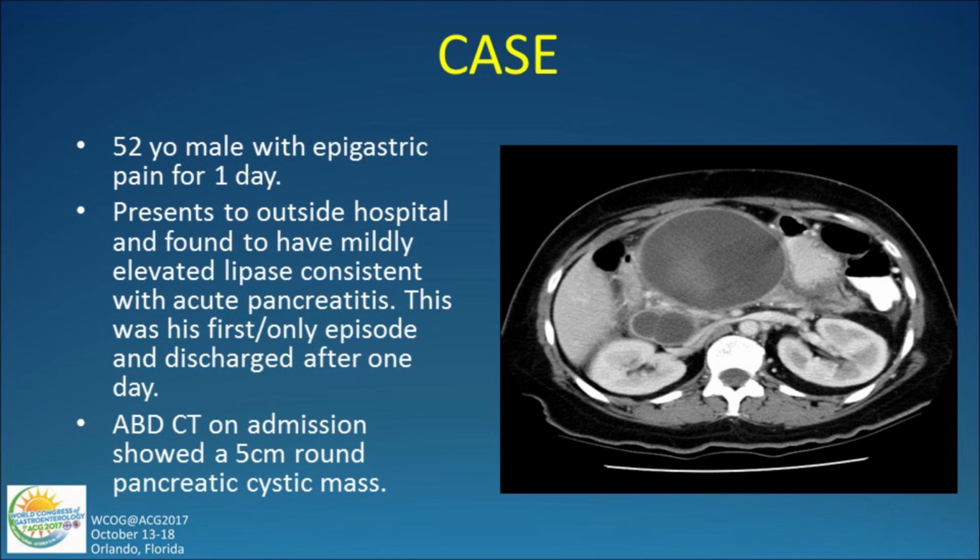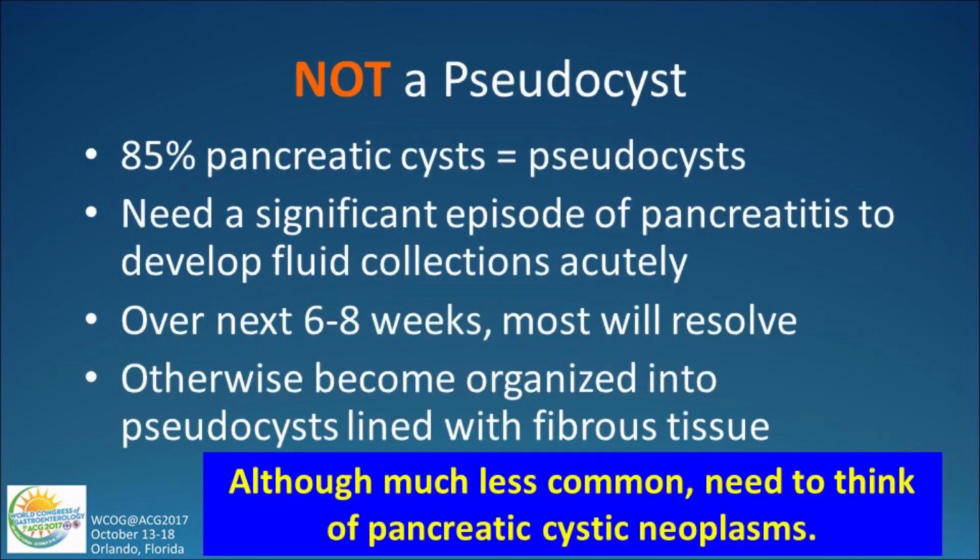Now, I'd like to argue that that diagnosis is incorrect, and there were a couple clues in the history and the imaging that should give you an idea that you should be thinking about something else. Although pancreatic pseudocysts are the most common cysts we see, you need to have a documented episode of prior pancreatitis because you need that episode to develop acute fluid collections, and then over the next 6 to 8 weeks, the majority are going to resolve, but a few are going to become organized into a well-rounded pseudocyst.